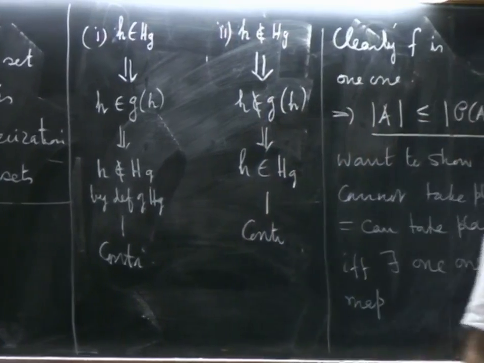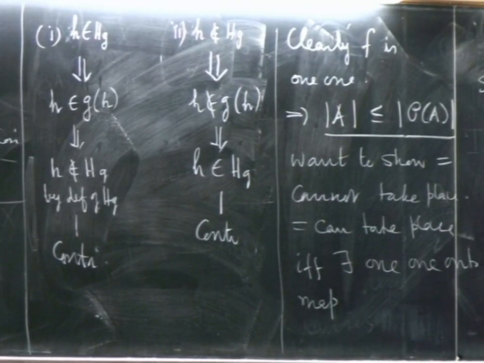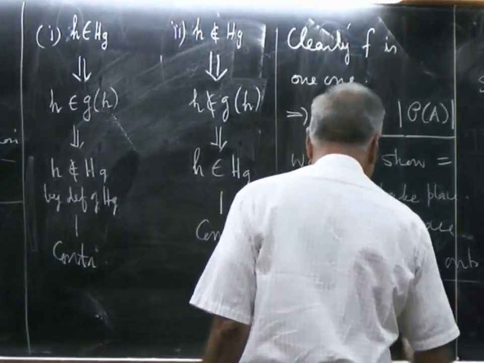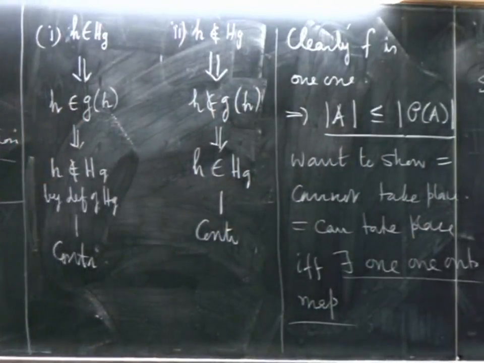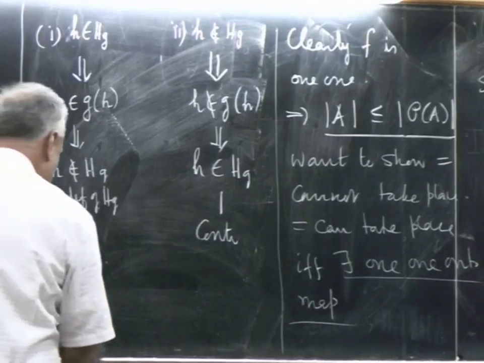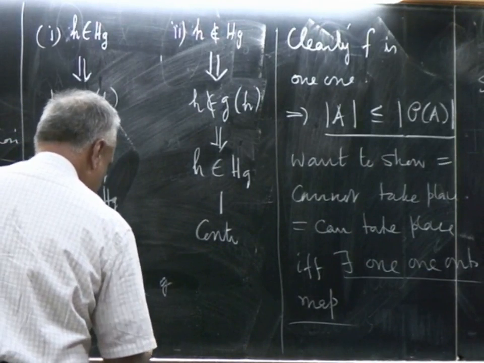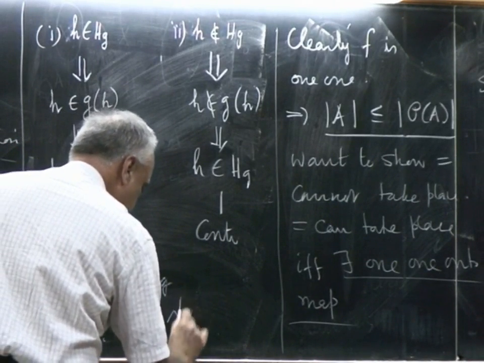So, both of them lead to a contradiction, and therefore, there cannot be a one-one onto function, and therefore, we are done. Okay? So, there cannot be such a function. If there was such a function, it will lead to contradiction, and therefore, there exists no such G, and therefore, the PA is not equivalent to A.